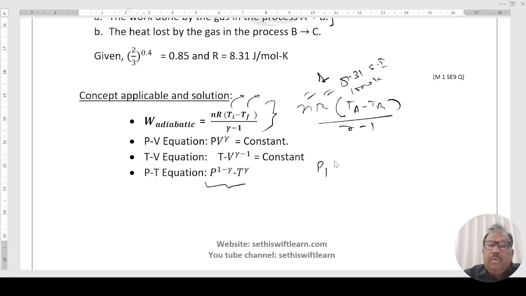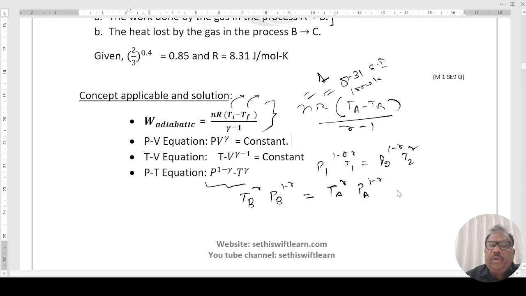P1 to the power 1 minus gamma, T1 gamma equals P2 to the power 1 minus gamma, T2 gamma. That is Tb gamma, Pb to the power 1 minus gamma equal to Ta gamma, Pa to the power 1 minus gamma. We have to find it out.